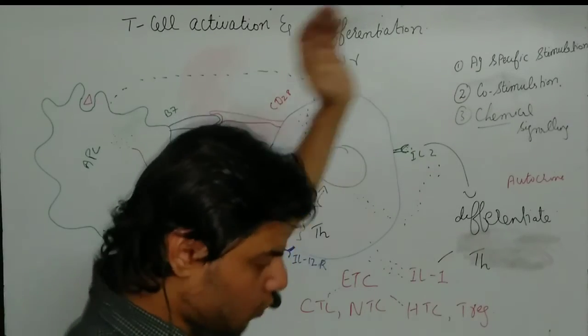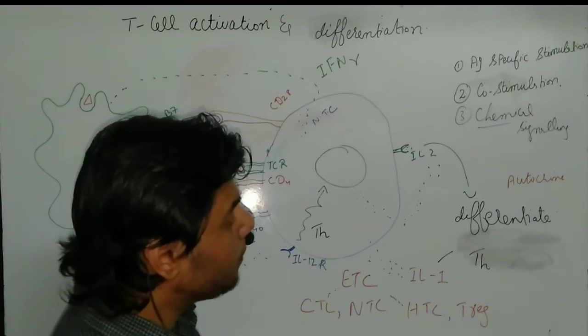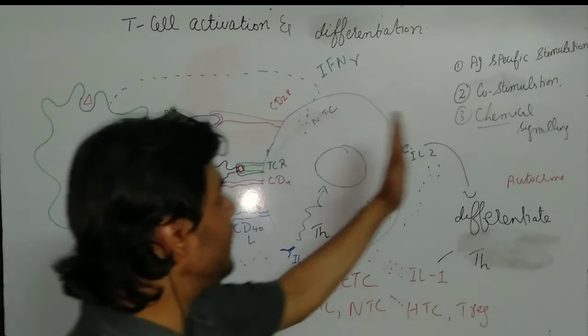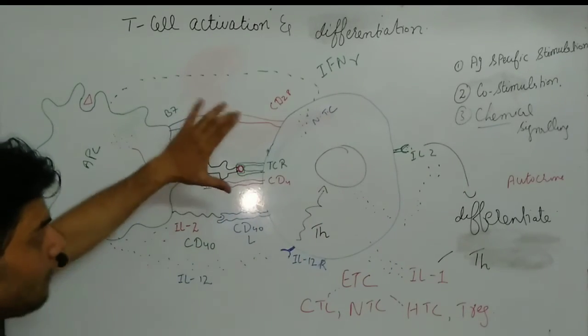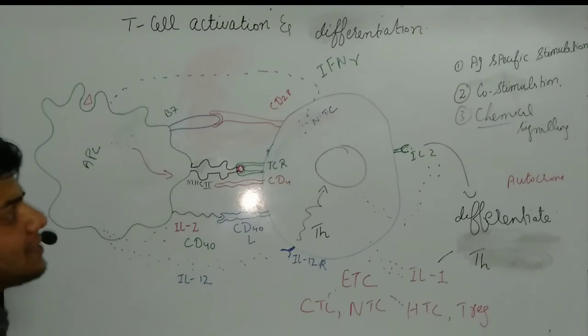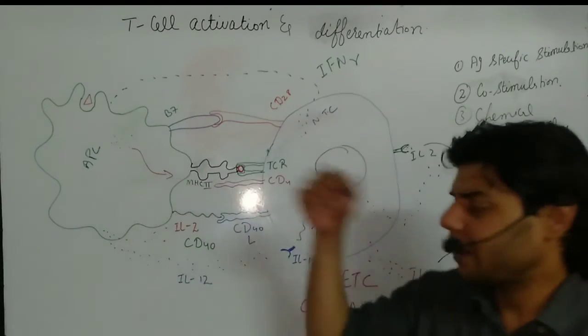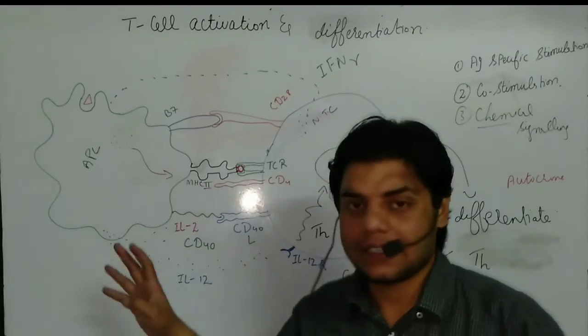Among these three pathways, the second pathway is very important. Why? Because the second pathway actually guides the cell, or strongly binds the T cell with these macrophages or with this antigen presenting cell.